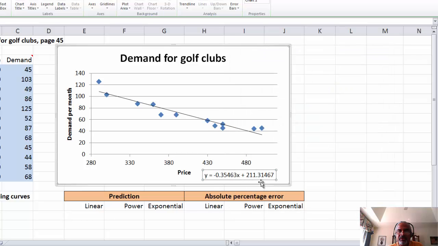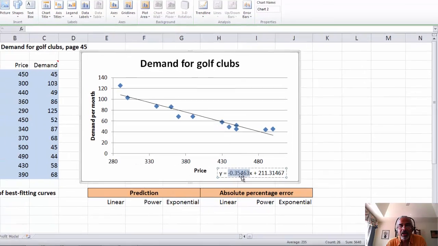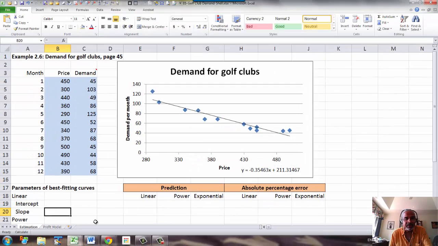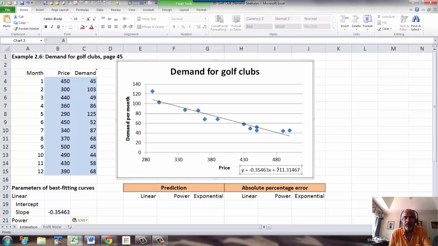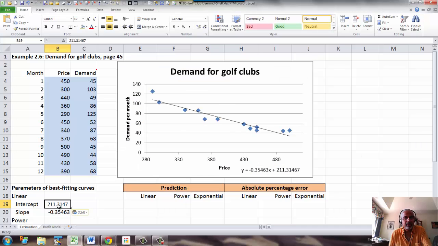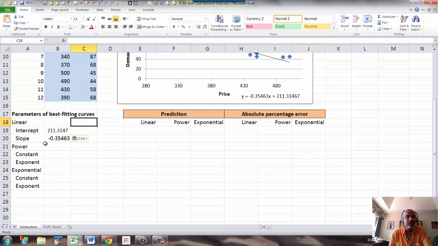So now we have the coefficients. This is linear, so the first one is the slope. Make sure that you highlight that number, copy and paste it in the correct place. Then do the same thing for the intercept. So now we have the slope and intercept for the linear function.